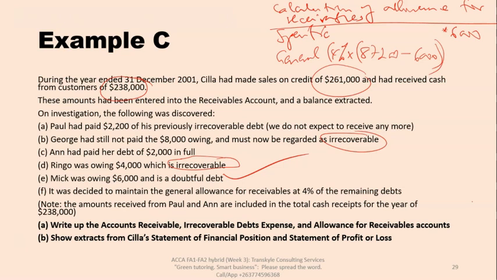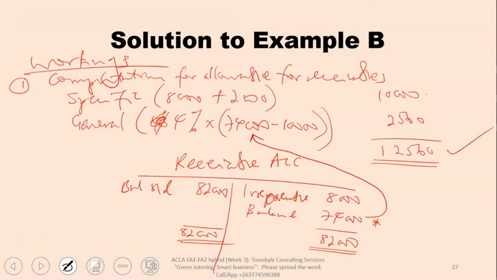So if we say 87,200 minus 6,000 multiplied by 4%, we must get this figure here as 3,248. And we then have to add these figures to come to 9,248.